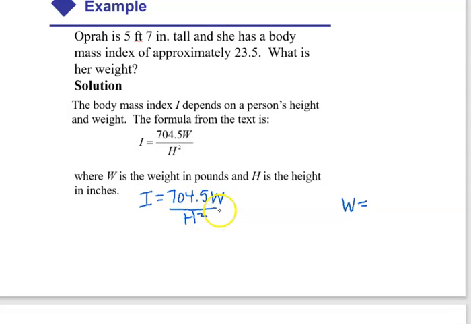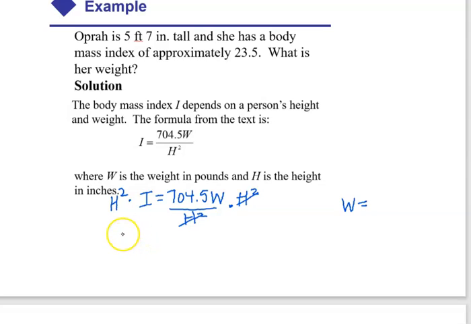So I need to get rid of H squared. In order to do that, I'm going to multiply by H squared so that this H squared will cancel out with this H squared. H squared over H squared is 1, just like 2 over 2 is 1. But if I multiply by H squared over here, I'm going to have to multiply by H squared on this side.